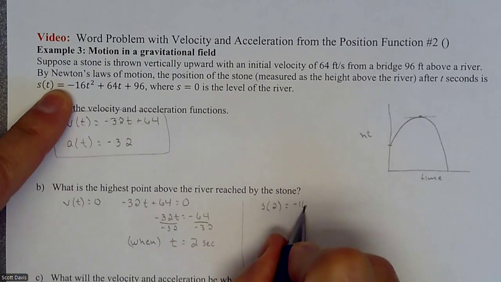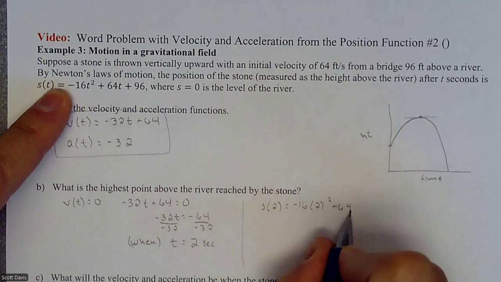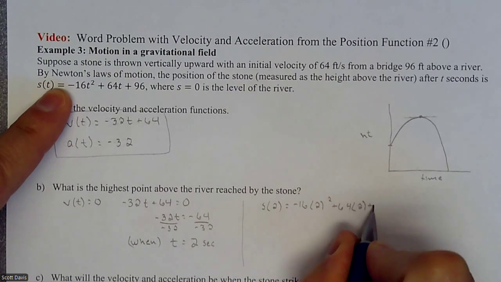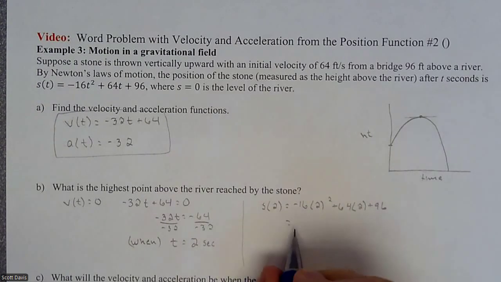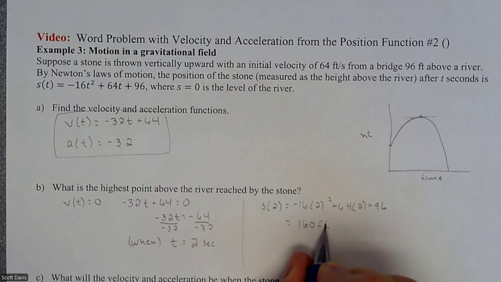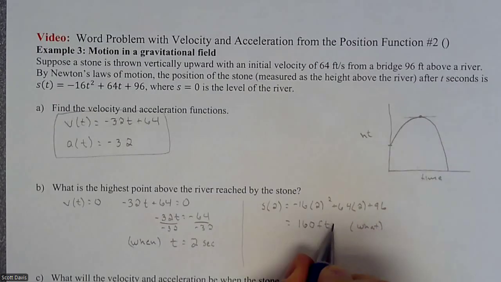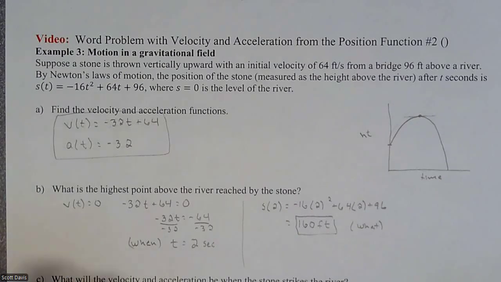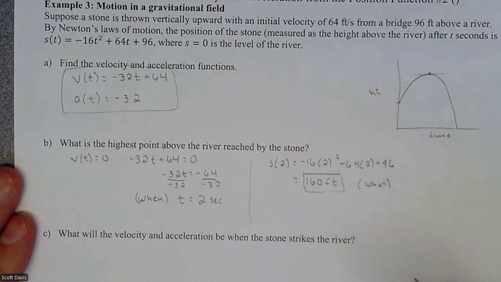We'll have negative 16 times 2 squared plus 64 times 2 plus 96. If I throw that into a calculator, that's going to add up to 160 feet. So we will hit a maximum height of 160 feet. That would occur at 2 seconds because we know that our slope would be 0 at that point.